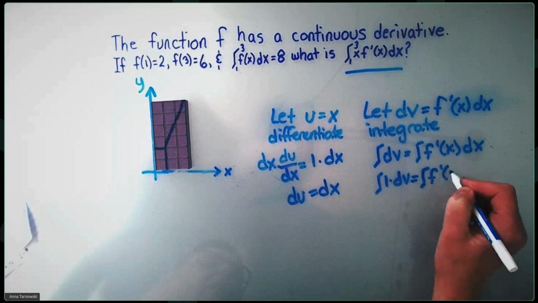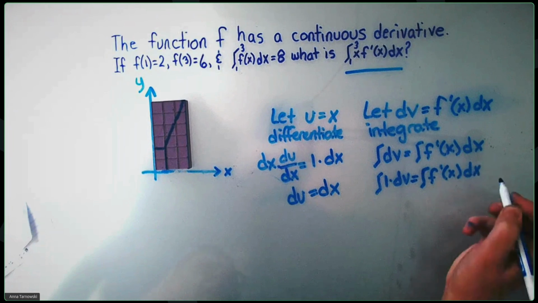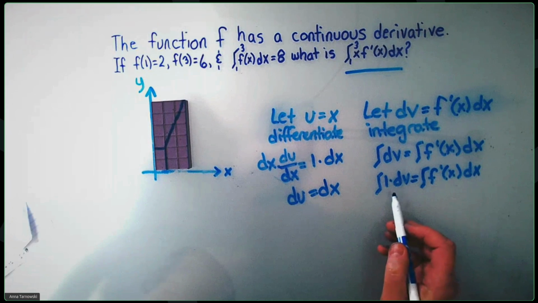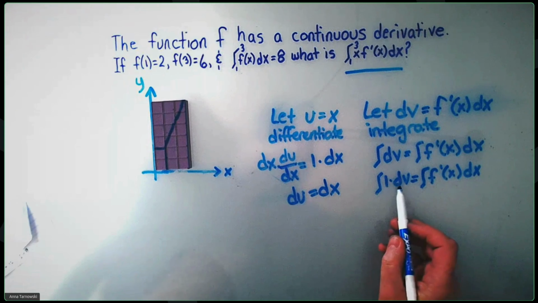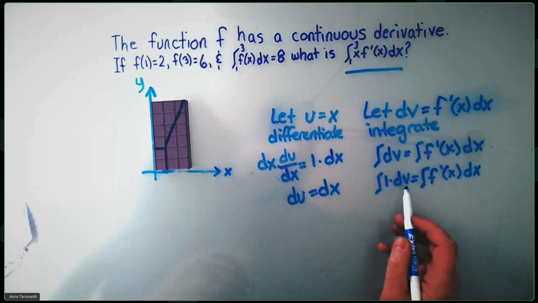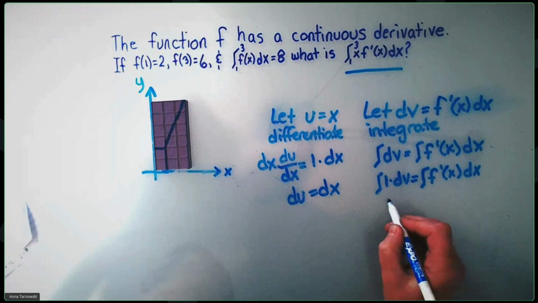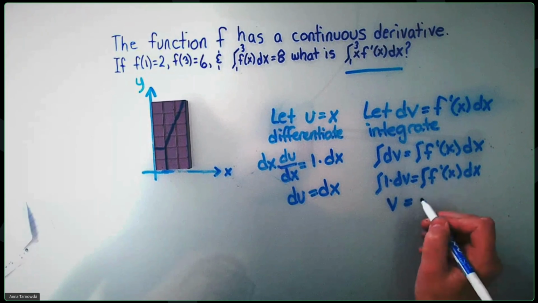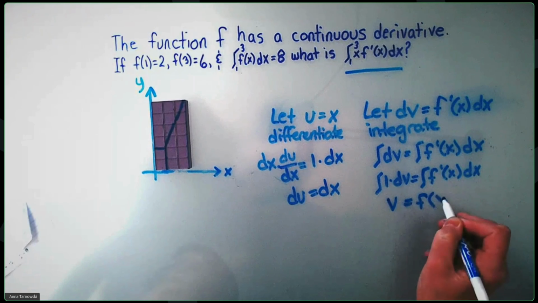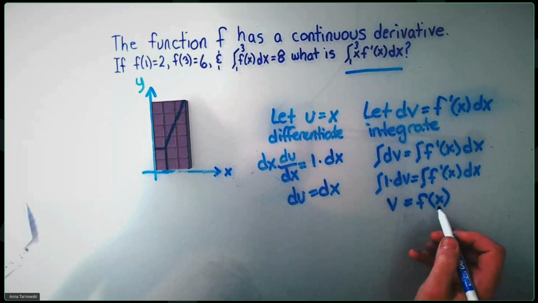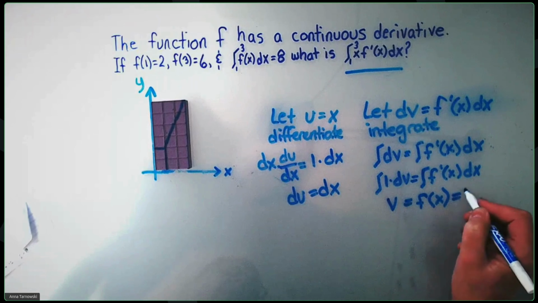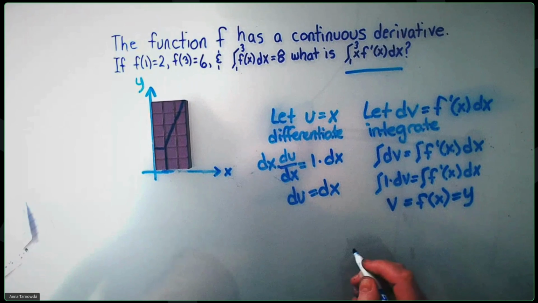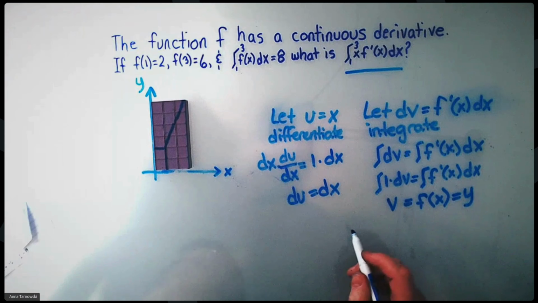Keep this the same on this side because we haven't done anything yet to it. Okay. Well, if we take the integral of 1 dv, right, we're just looking for the antiderivative. So that's going to be v. And this is the derivative. The antiderivative of that is f of x, right? So v equals f of x. Well, f of x also equals y. So we can just put y there.